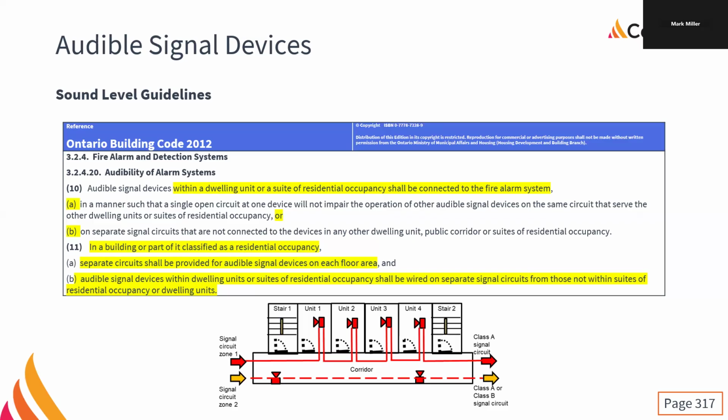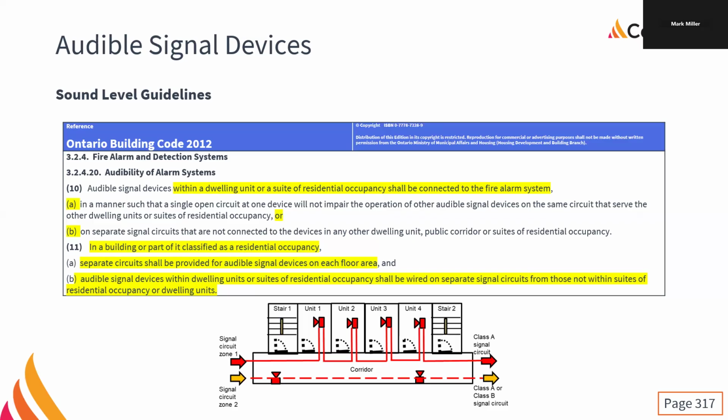And to make sure of that, the signal circuits that are not connected to devices in the dwelling units have to be on different circuits. Right? So the signal circuits in the corridor need to be on a separate circuit from what is in the residential occupancies.